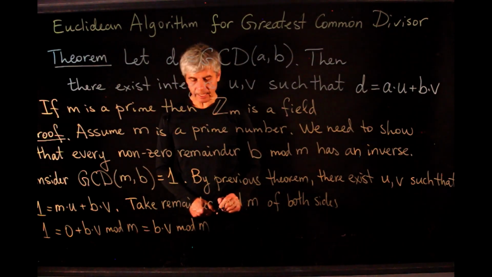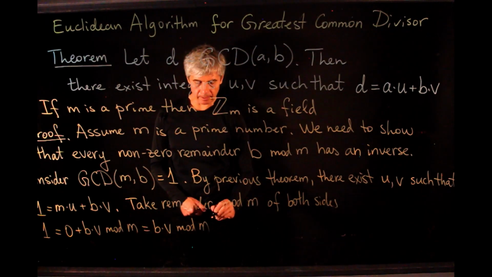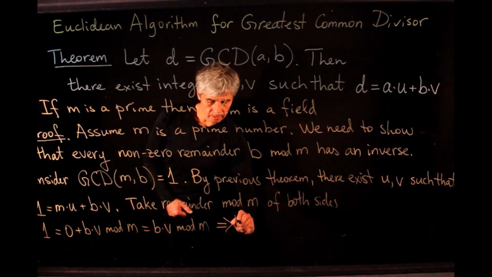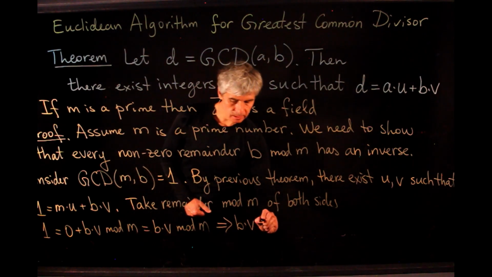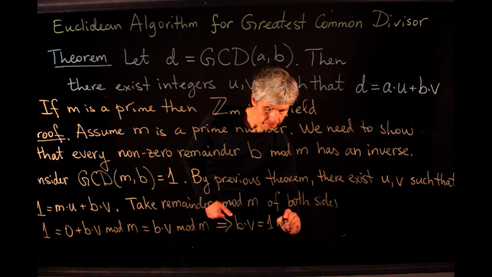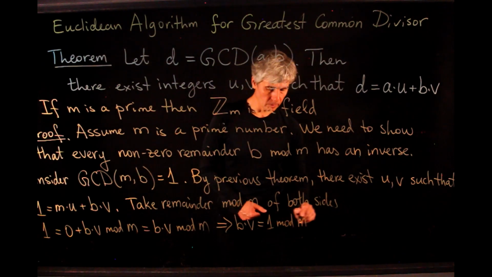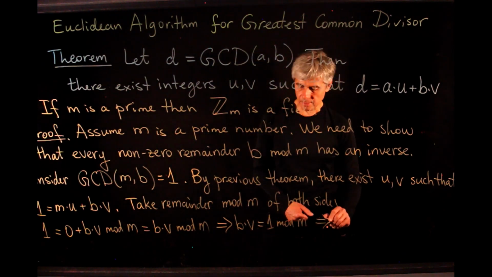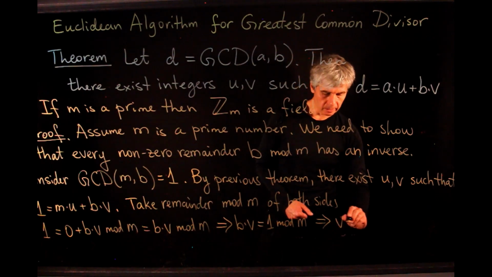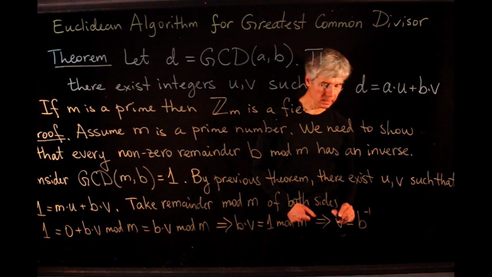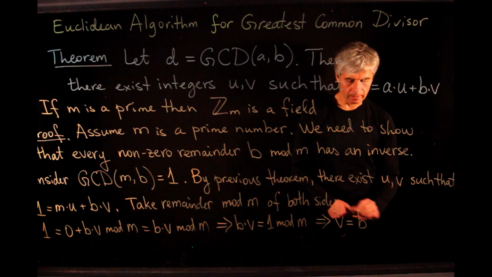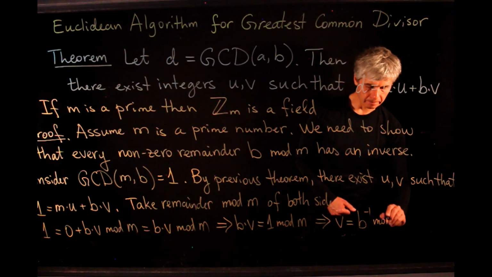So this tells us that b times v is equal to 1 mod m, which means that v is the multiplicative inverse of b in Zm.